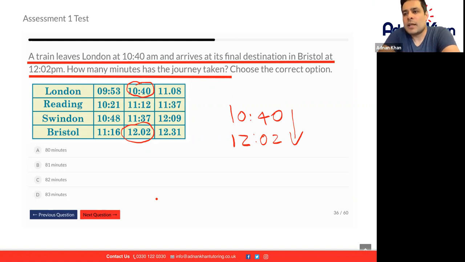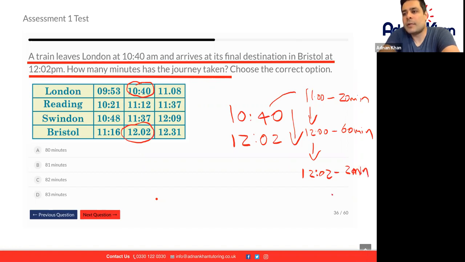Now, first of all, let's start with 10:40 and let's go to 11 o'clock. That gives us 20 minutes from 10:40 to 11 o'clock. Now from 11 o'clock to 12 o'clock, that gives us 60 minutes altogether. And now from 12 o'clock to 12:02, that gives us 2 minutes altogether.